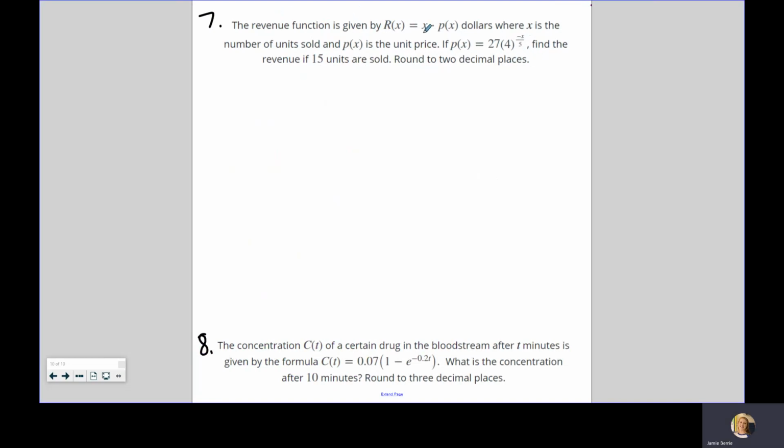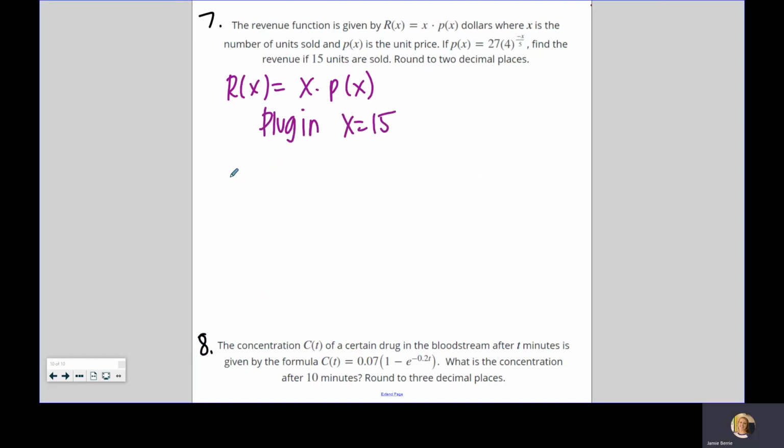All right, so you may see this revenue function come up if you take an economics class. So we're going to take our little formula, R of X equals X times P of X. We know that X, the number of units sold, is 15. So we're just going to plug in X equals 15.